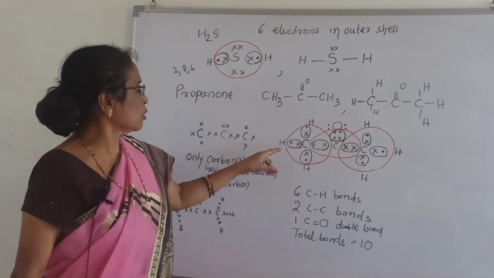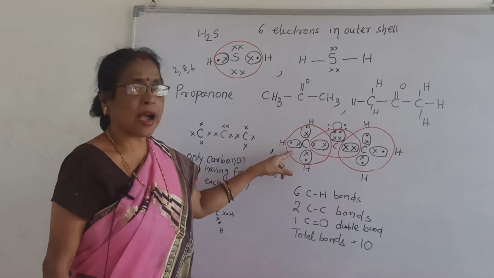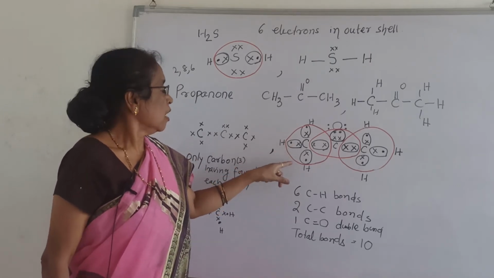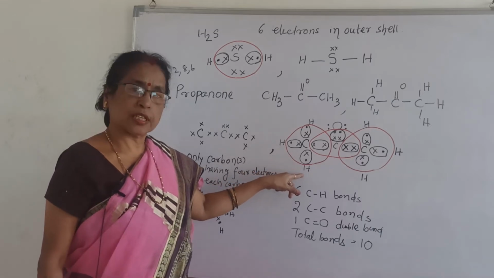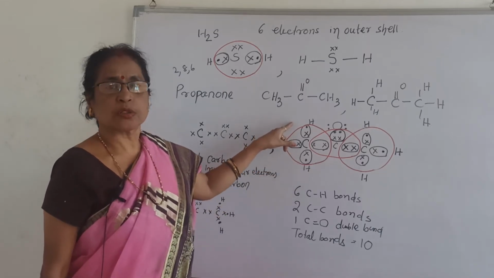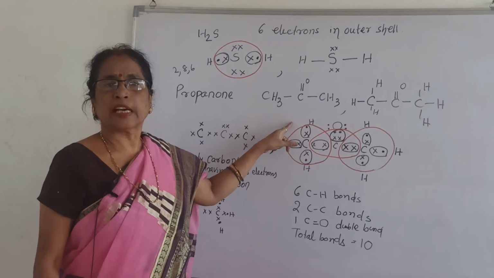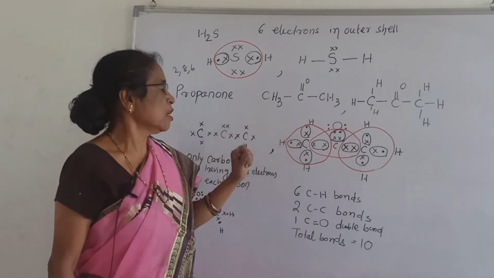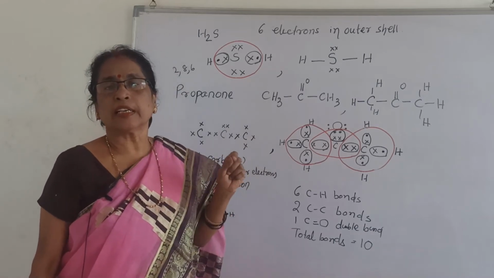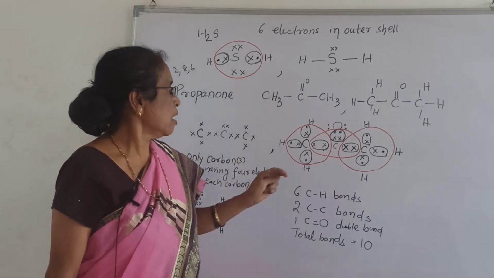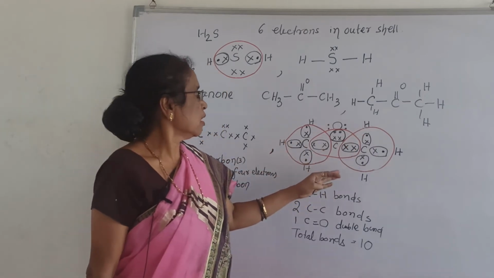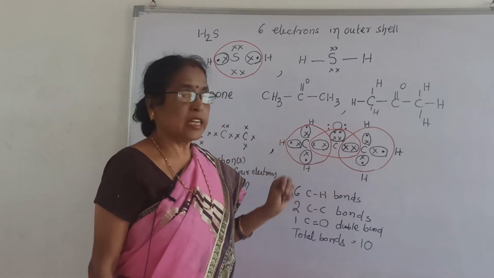Now you can observe this hydrogen satisfies the helium configuration, that is 2. Here also this hydrogen satisfies the helium inert gas configuration. Though it never follows the octet configuration, it is following the inert gas configuration, that is helium. Right side also 1, 2, 3 hydrogens follow the inert gas configuration, that is helium.